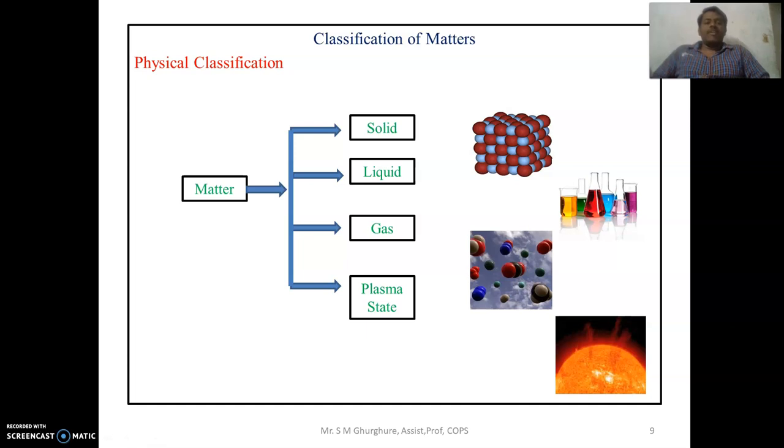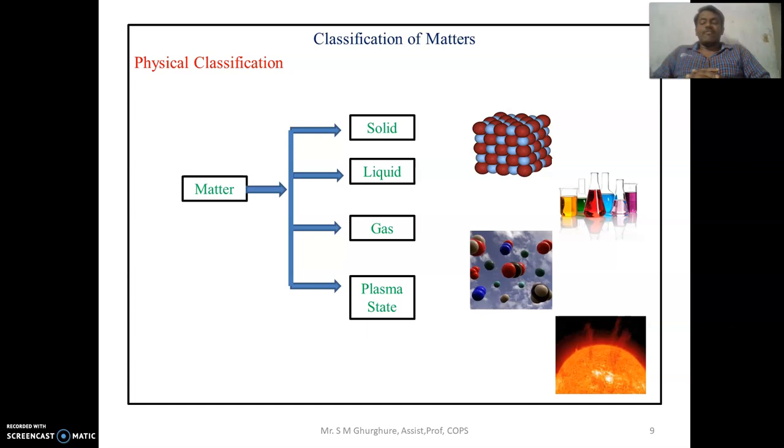If you fill the liquid in a container, that liquid occupies the space in that particular container. The next point is the gaseous state of matter. In the gaseous state, the gaseous molecules are very loosely packed to each other.